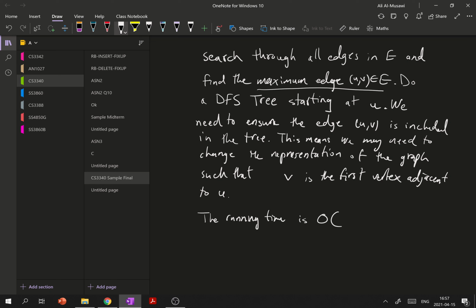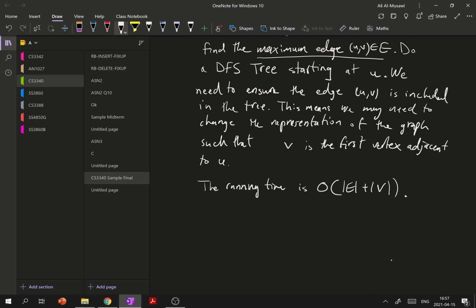Okay, so the running time is big O of E plus V, which is definitely more efficient. This is more efficient than Kruskal, because with Kruskal it would be E, but you have to multiply this by log V, which is more work.